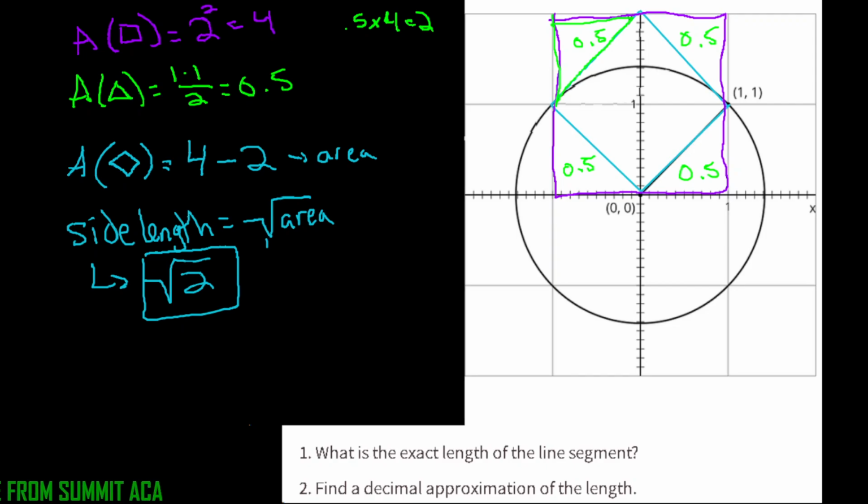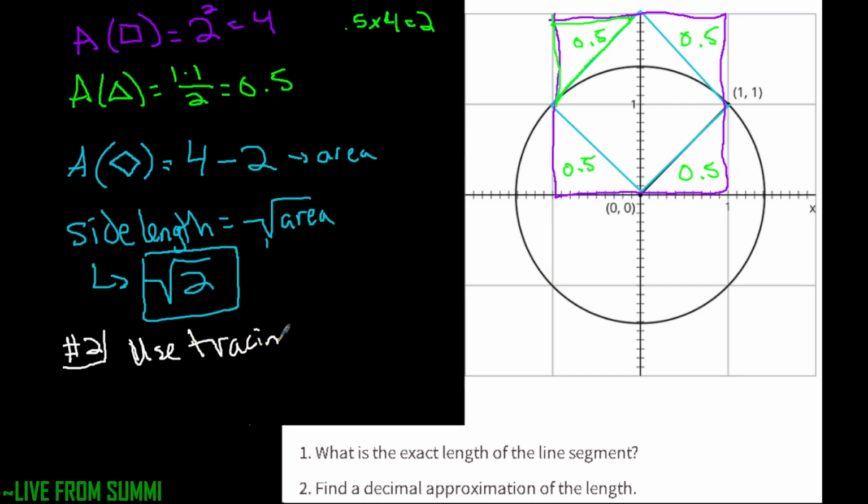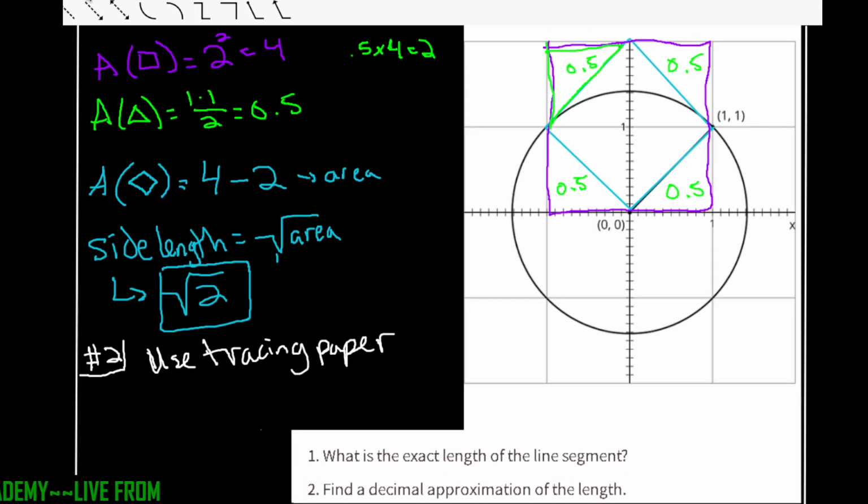For the decimal approximation, for part 2, I'd say use tracing paper. You can find this length, and if this is from here to here, it goes about the whole way out to here.